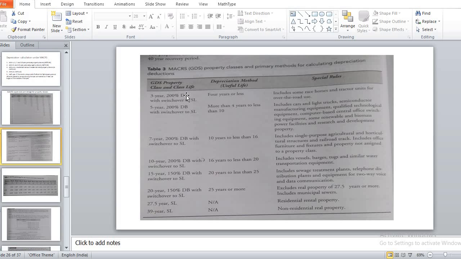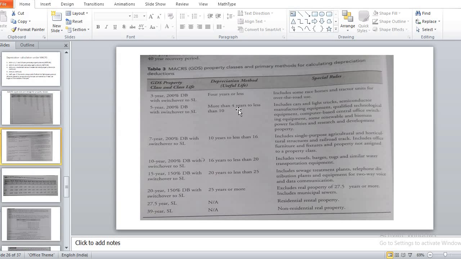So for GDS property class life of 3 years, the 200% declining balance method switching to the straight line method. For 4 years or less, the depreciation method is the 200% declining balance method with switch over to the straight line method. This approach we use for this useful life period.